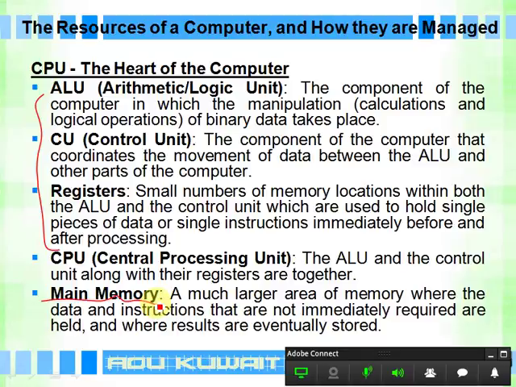Inside the CPU there is an ALU, a control unit, and registers. Outside the CPU there is the main memory, what we call RAM. You see RAM of 2 GB, 4 GB, that is outside the CPU. It also holds the programs being executed by the CPU. The instructions come from the main memory, the RAM, to the registers, and from the registers to the ALU and the control unit. Fine.